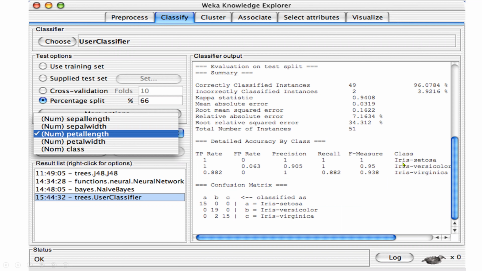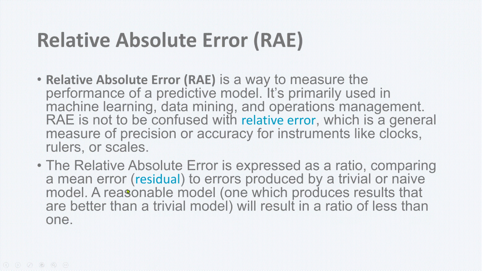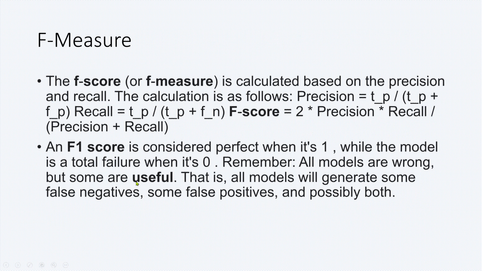For iris setosa, the precision and recall are perfectly 1, so that's why the F measure is 1. Let's go back one more time: the F score is considered perfect when it's 1, and the model is a total failure when it's 0.